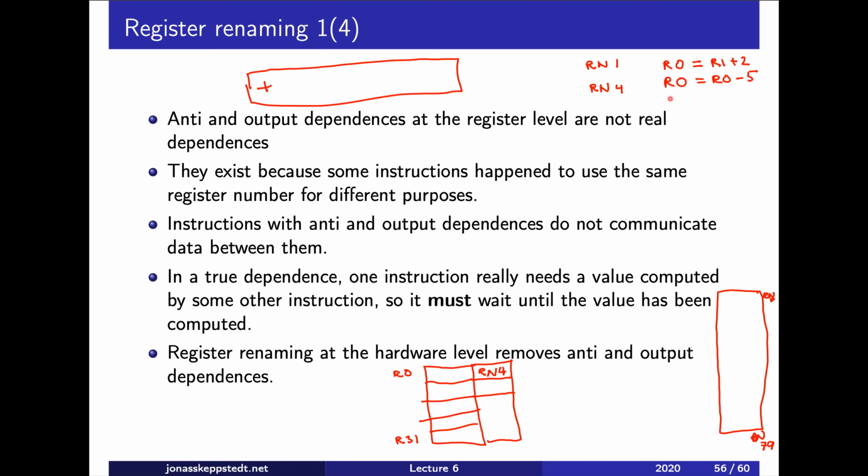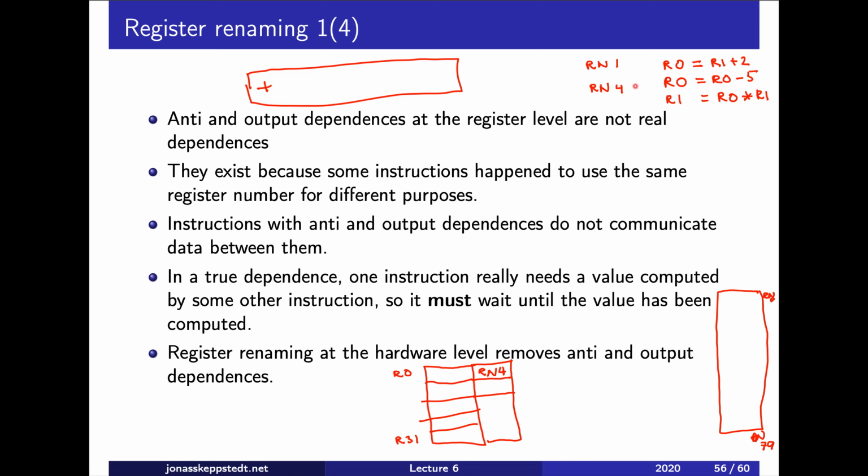Okay, and then we can say there is another instruction, R1 equals R0 times, well, we can take R1, for instance. So what should this one do? It should read register 0. It checks where the value of register 0 is. It's being computed into rename register 4. So it knows it cannot perform the multiplication yet.